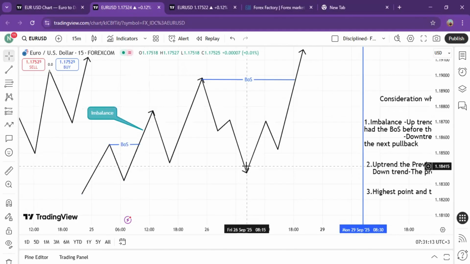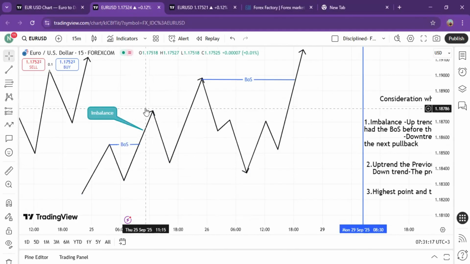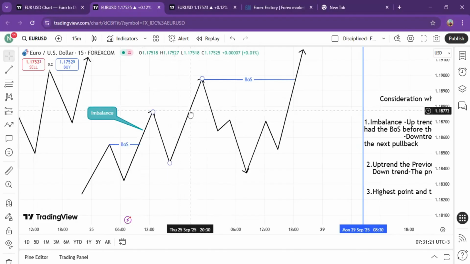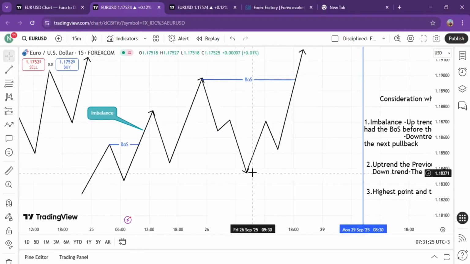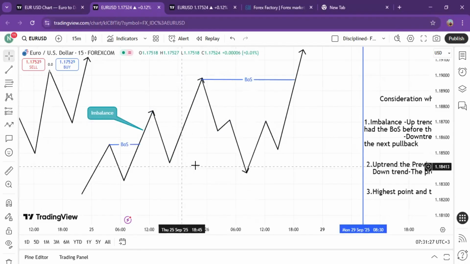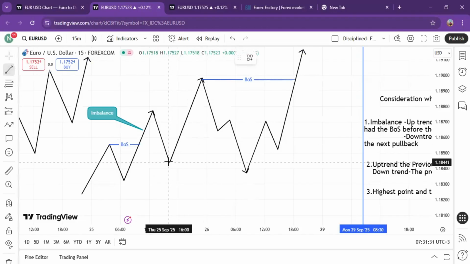Then at this point, this low has been taken out, this low here. So automatically, if this break of structure was valid, then it becomes invalid the moment this low is taken out, because this can mean that the market was taking out liquidity below this level here.